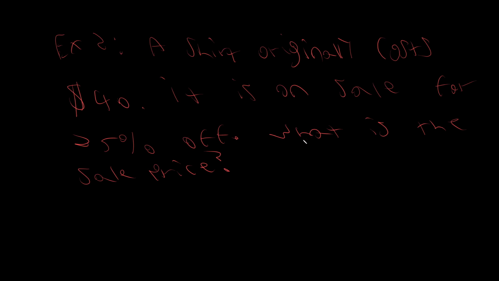So let's think about it. You might think, it is on sale for 25% off, so we just times the original cost by 25%. Well, look at this. It's 25% off. We're taking 25% off of it, not 25% of it. So if we have 100% at first, the original price, and we take away 25% of it, it'd be 75%.